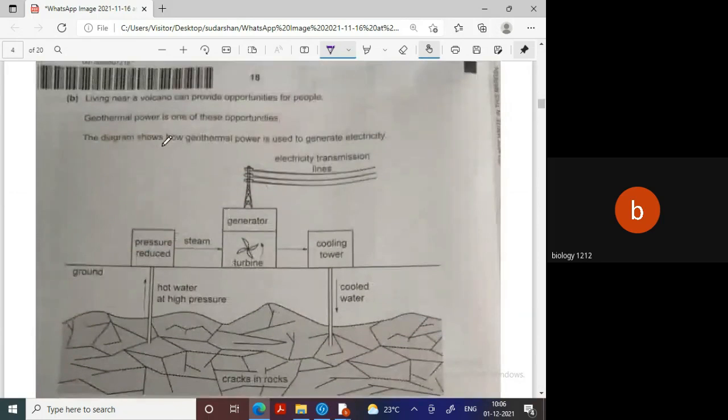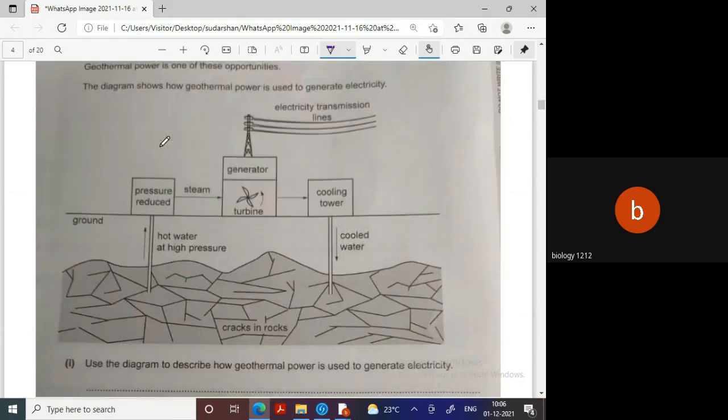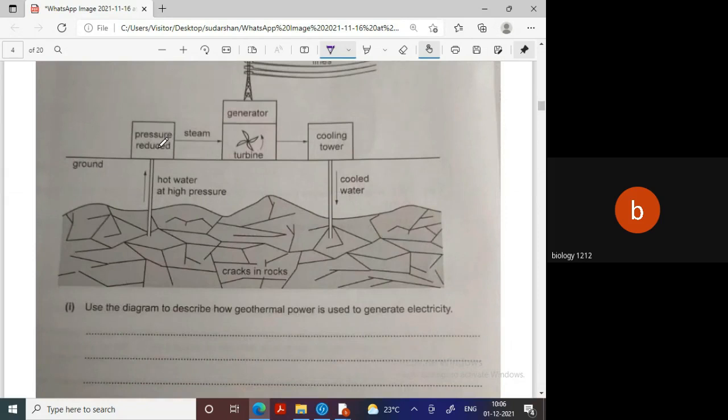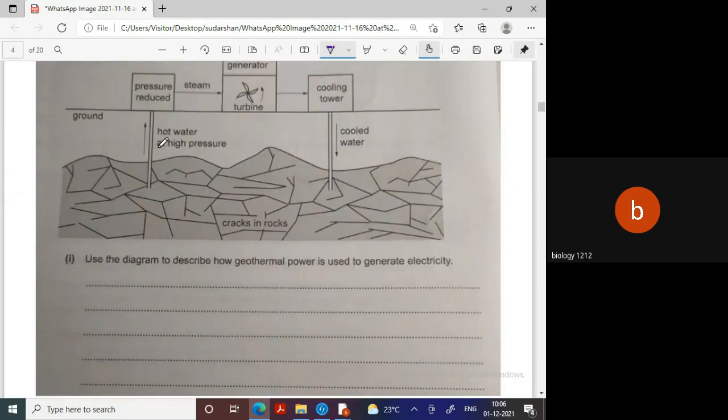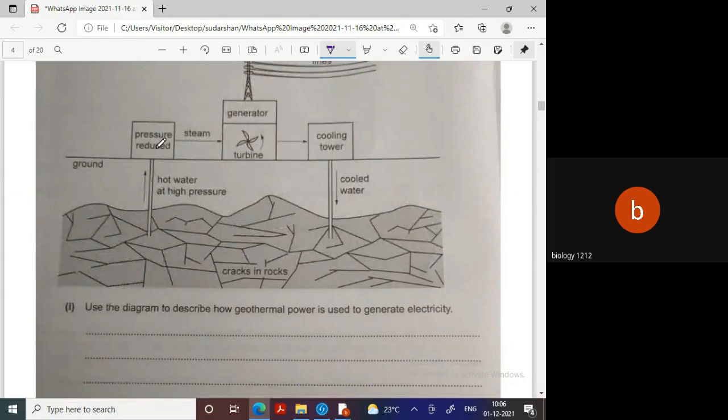Now, this is also a direct question. I think you already know about this. Use the diagram to describe how a geothermal power plant is used to generate electricity. You can directly explain the diagram here. As you can see, hot water with high pressure moves out from the cracks, and the water is converted into steam. The steam turns the turbine.